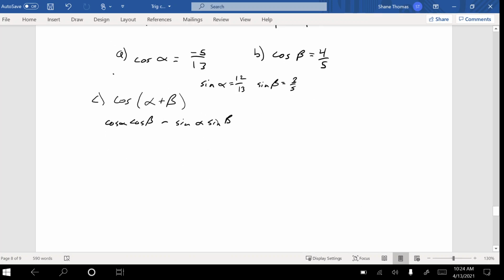Cosine of alpha is going to be -5/13. Cosine of beta is 4/5. Just found that one. Minus sine of alpha, 12/13. Sine of beta, 3/5.